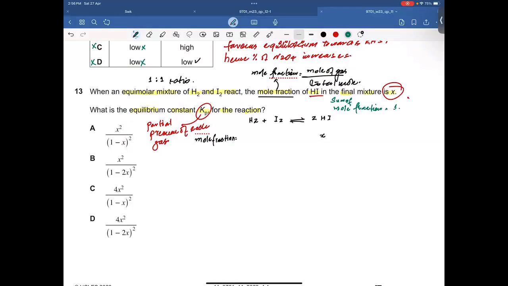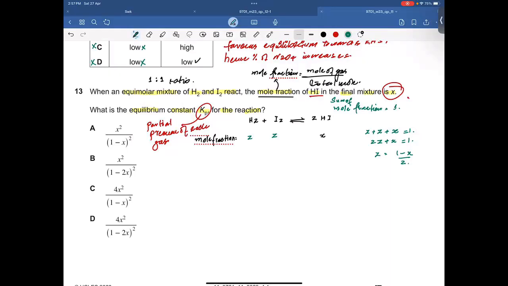All right. So let's suppose it is Z. It is also Z. So Z plus Z plus X equals to 1. Then 2Z plus X equals to 1. Then Z equals to (1 minus X) upon 2.